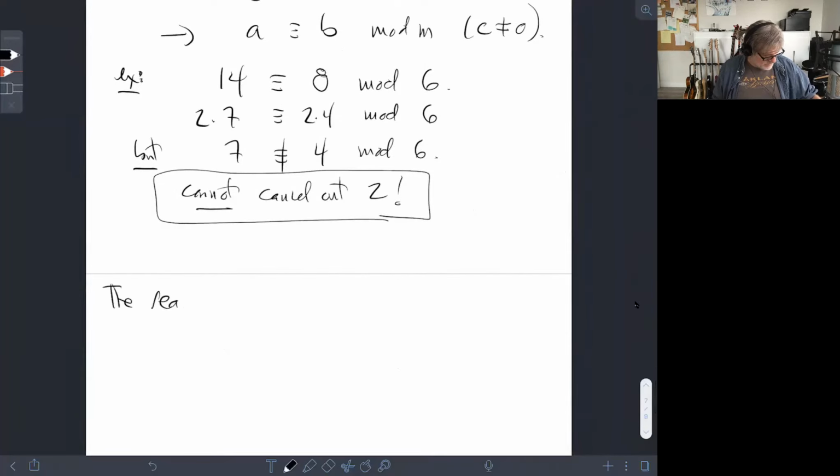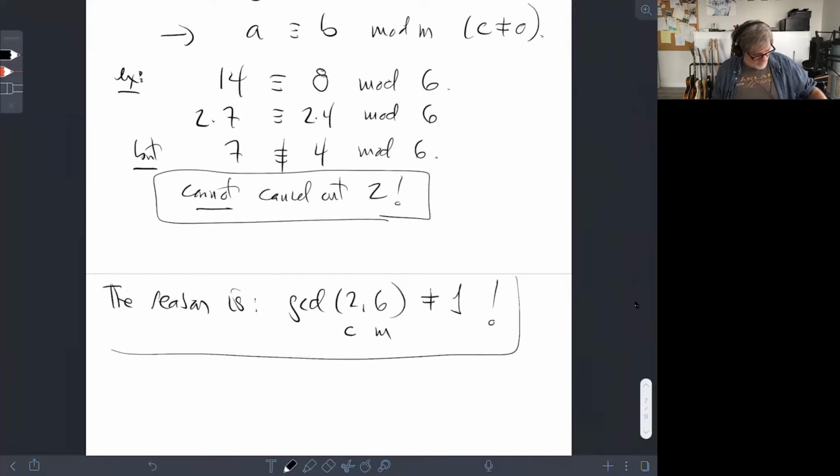So the reason is that the GCD of 2 and 6, this is our C and our M, is not 1. That's the reason. So you can sort of absorb things in a strange way. But if the GCD is 1, you can cancel out.